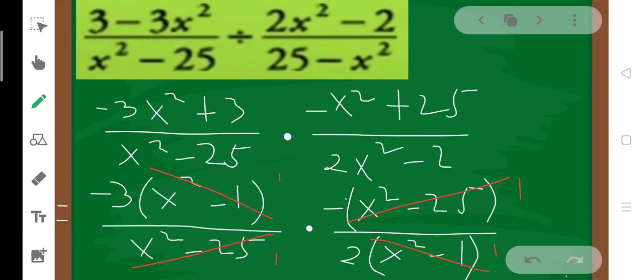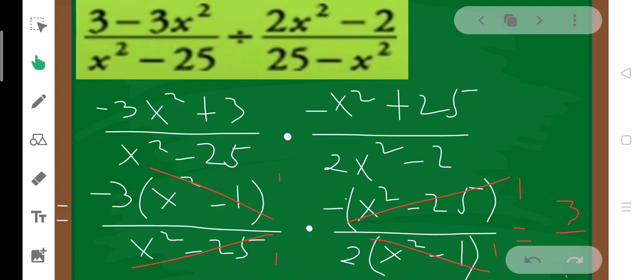Okay. So, after that, we are going to multiply negative 3 by 1, by negative 1, by positive 1. So, we have positive 3 over, this one, 1 times 2 times 1.